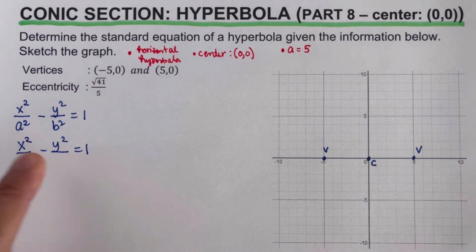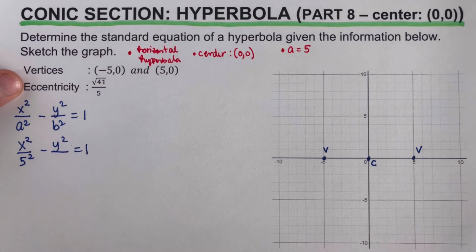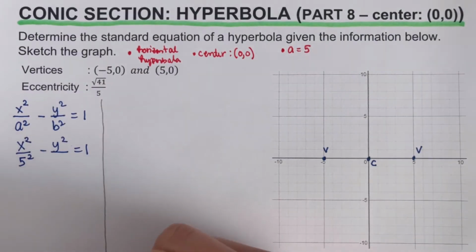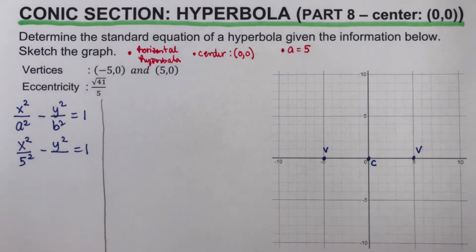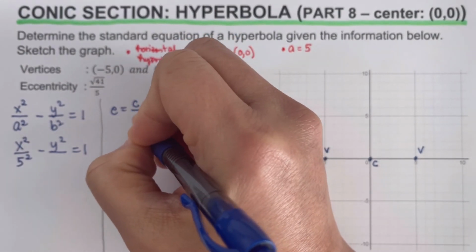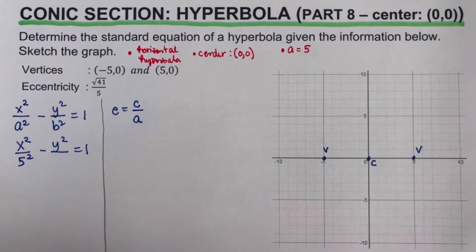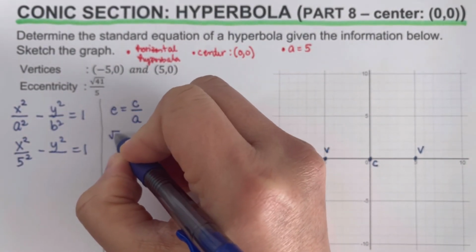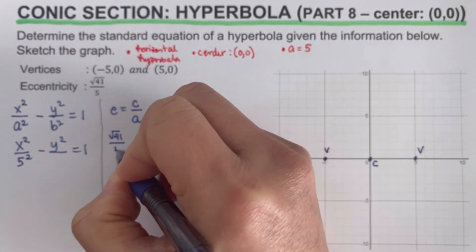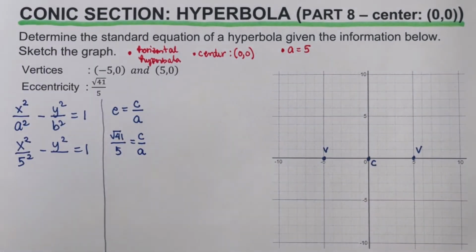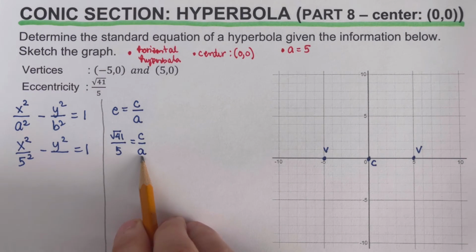Now, we are given the eccentricity, and so we get our value for B from here. So I go ahead and write the formula for eccentricity, which is e equals c over a. So we plug the values in. Our eccentricity is square root of 41, so that's square root of 41 over 5 is equal to c over a. Please notice that our a is equal to 5.